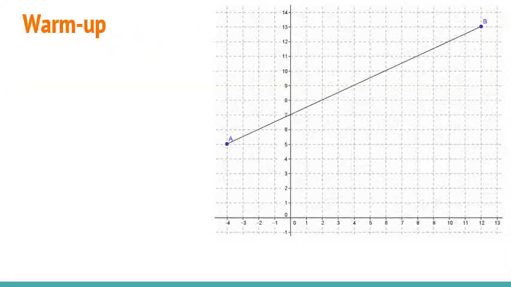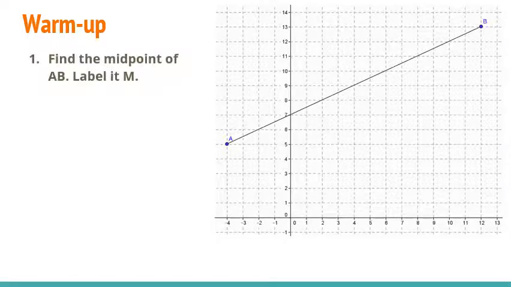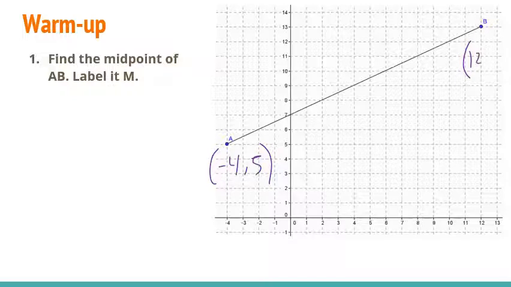Okay, so we have this line segment here, AB. Let's just imagine we were asked to find the midpoint. So let's do a little review here. A is at -4, 5, and then B, if we count that out, looks like it's at 12, 13, right? Okay, so we can do our midpoint formula here. We can find the average of these points.